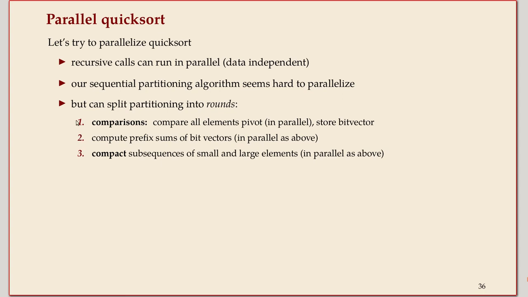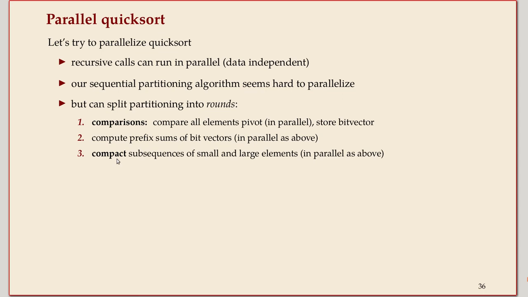But you can split partitioning into these three things. You first determine for every element whether it's smaller or larger than the pivot element you've chosen. And then you take the subsequences of small and large elements. The only thing that we have to do is get them separate, all the small ones to the left, all the big ones to the right.